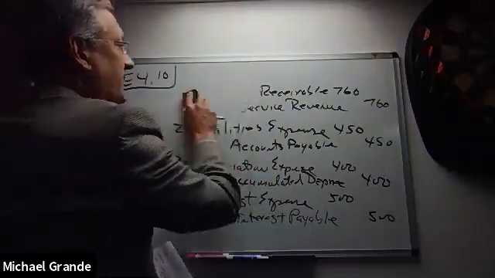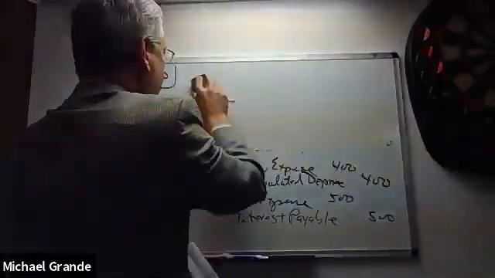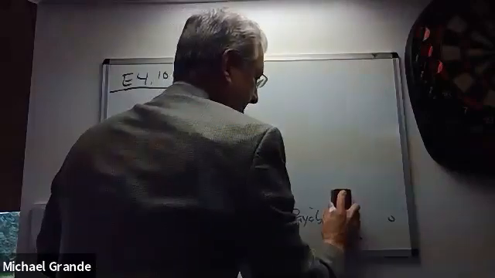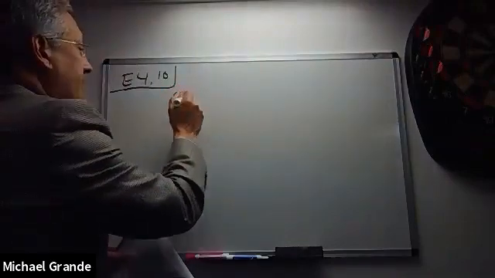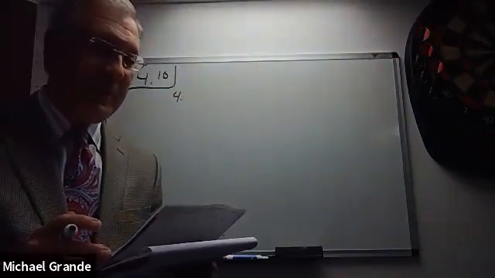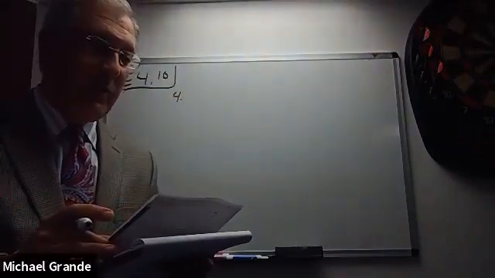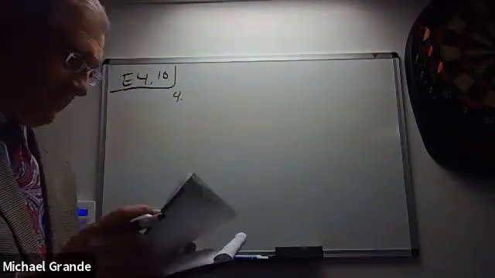Let's go to the next entries. And this is going to be entry number 4. And it says, purchased a 1-year malpractice insurance policy on January 1 for $24,000.